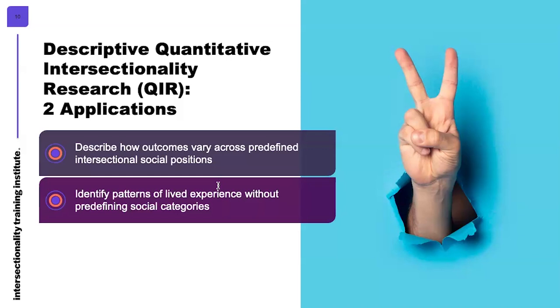So we identify patterns of lived experiences without these predefined social categories. Both of these are very important, relevant descriptive intersectionality methods and approaches. And I would say both of them, together or separately, are a really important starting point when you're entering the world of QIR.